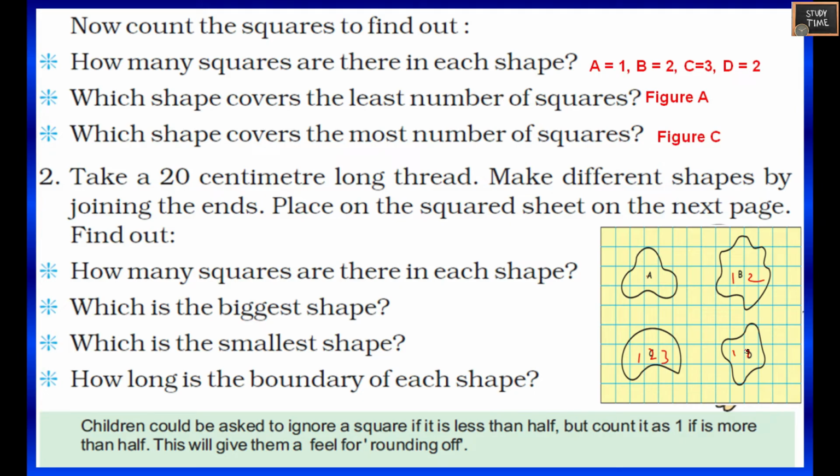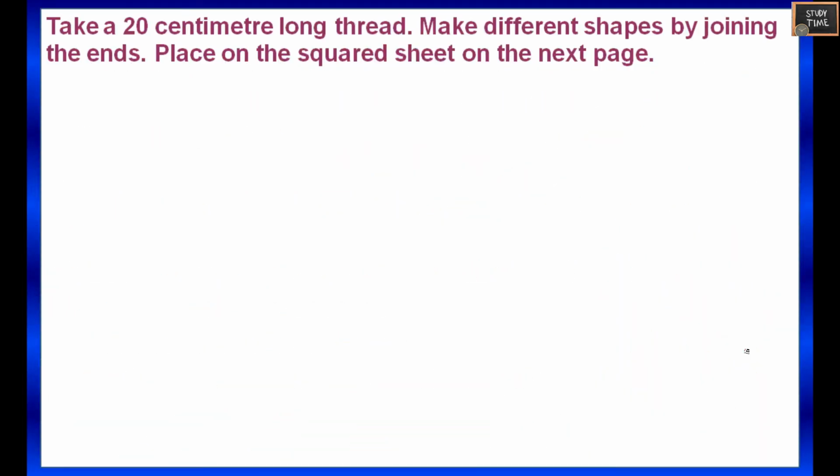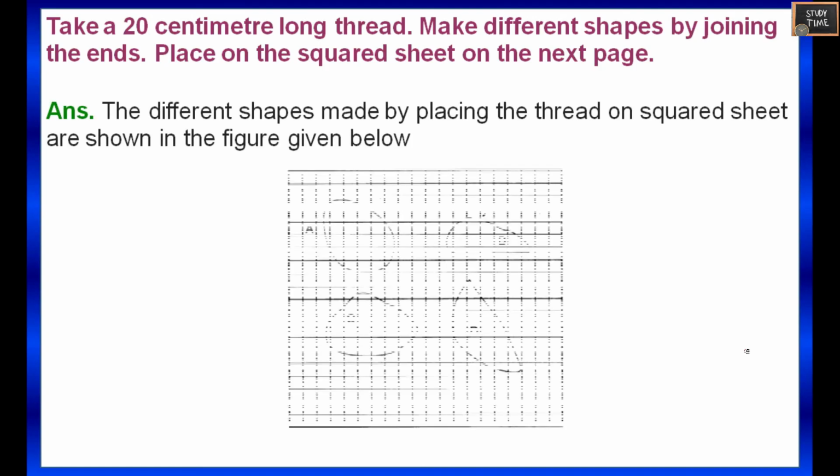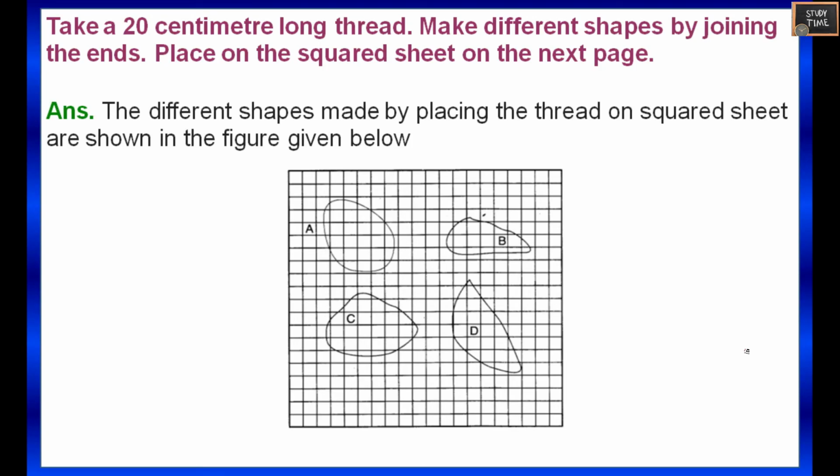Next, take a 20 centimeter long thread, make different shapes by joining the ends. Place on the squared sheet on the next page. So you can do it like this. So you can take a 20 centimeter long thread and you can make different shapes out of it.